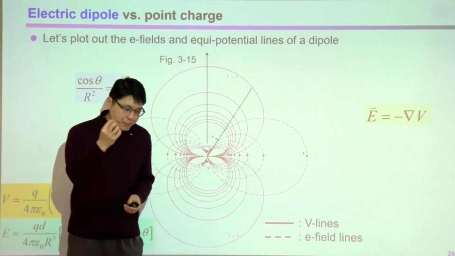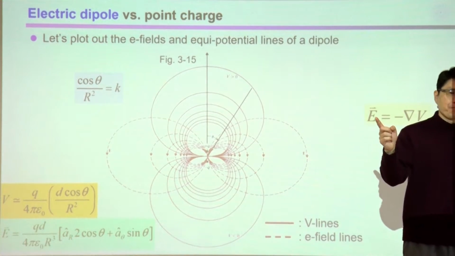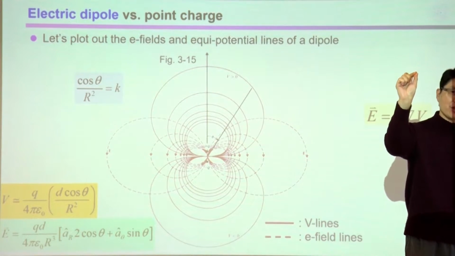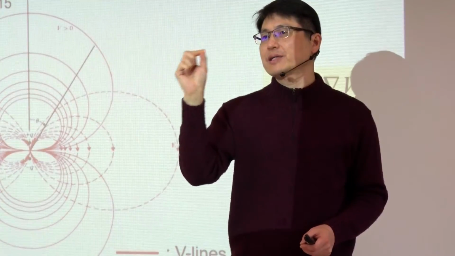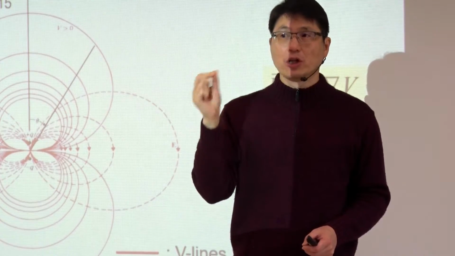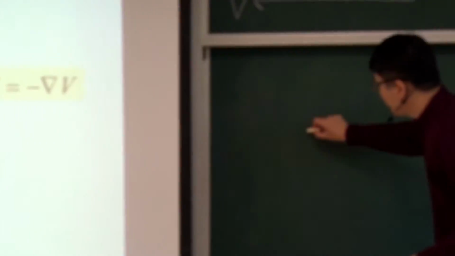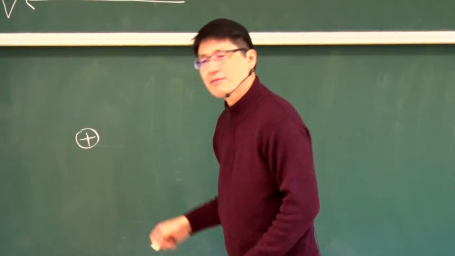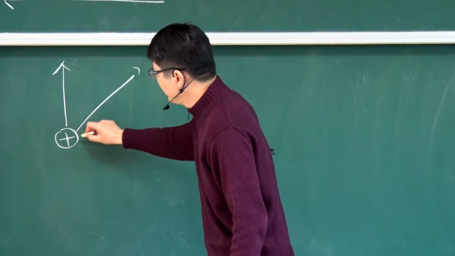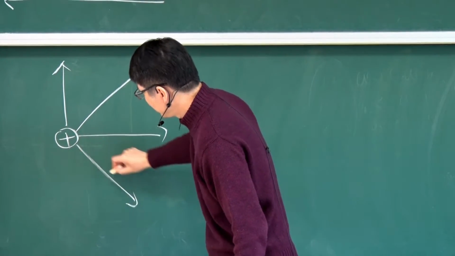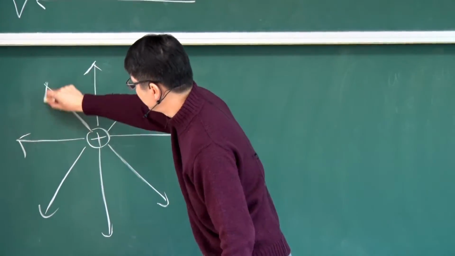So try to compare, in your heads, or you can just draw it. Again, if we only have a single charge, how do the E field lines look? When you only have a single positive charge, all the field lines emit from the charge and go outward, right?